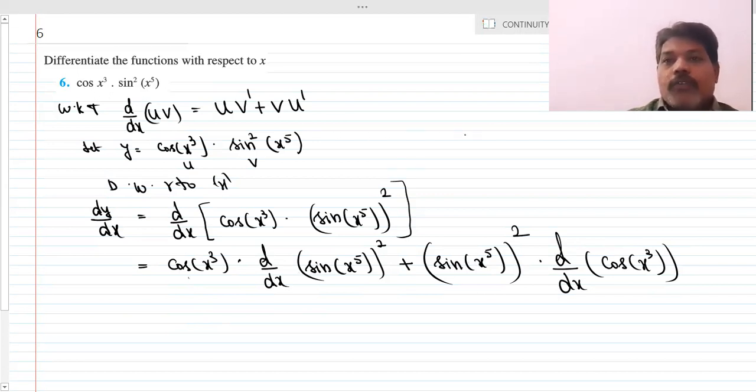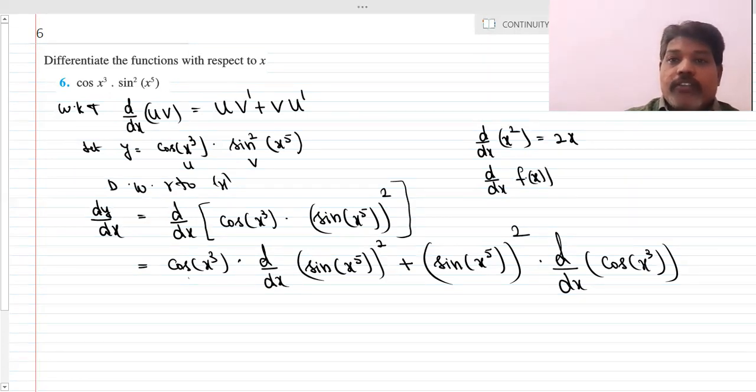So what formulas are needed? First you have to understand: what is the derivative of x square? The derivative of x square is 2x. Yes or no? Now, what is the derivative of f of x whole square?